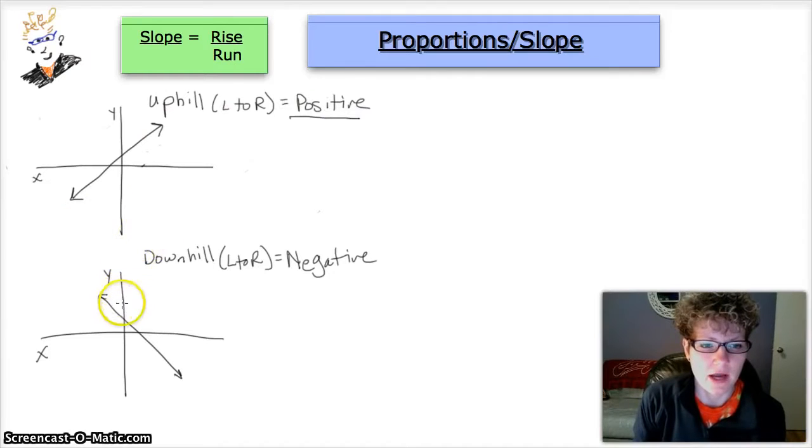If we have a line that is going downhill from left to right, then that's going to be a negative slope.